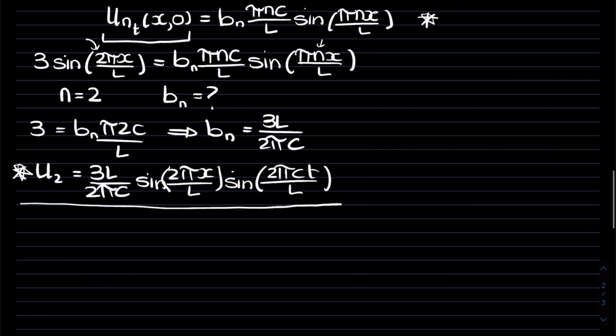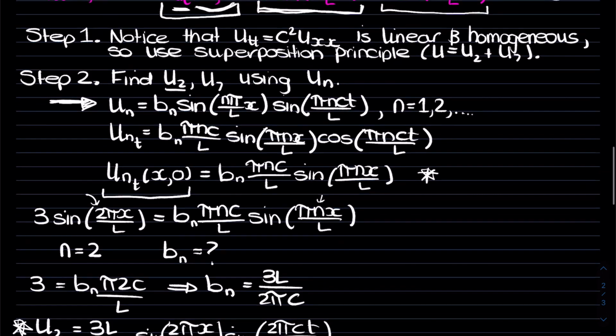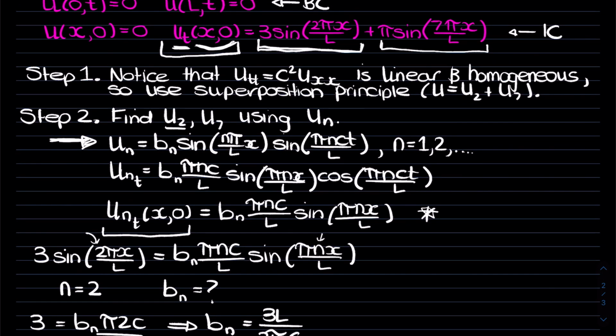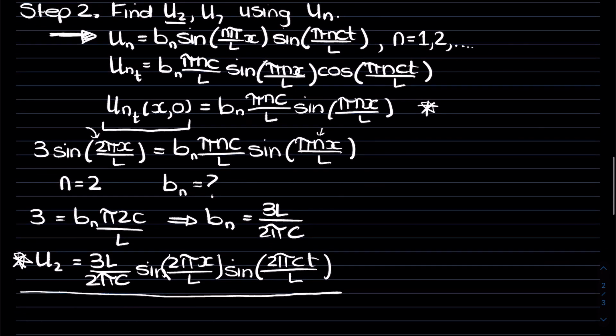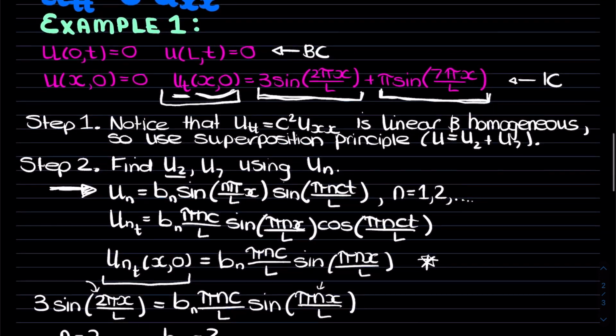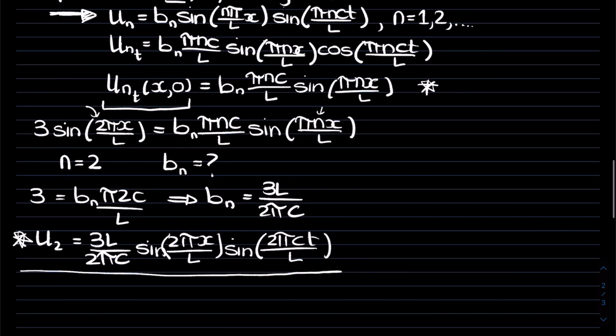And now we're just going to find u of 7. And again, we know it's u of 7 because n will have to equal 7, because if we now set this term here equal to, I'll just write this down first, pi sine 7 pi x over L should be equal to the same as what it was up here.